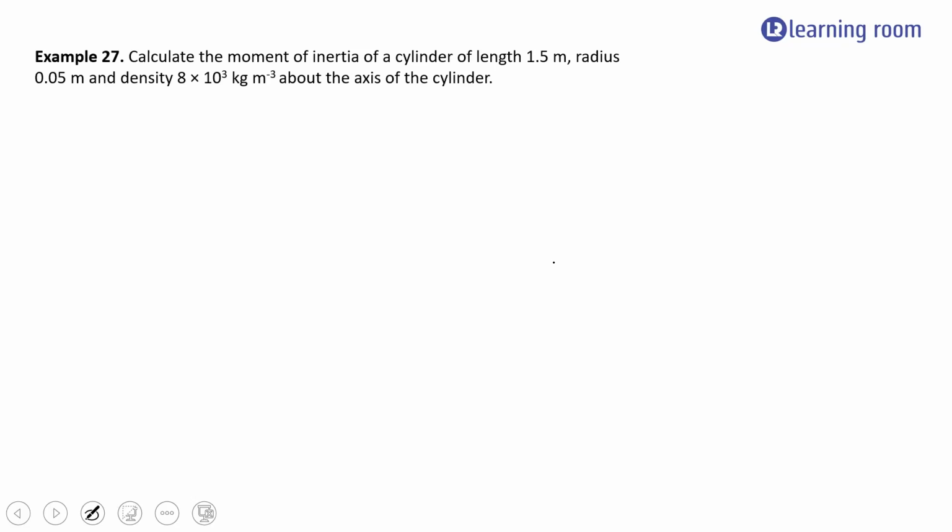If you see, this problem is actually simple. It is only one step. The moment of inertia is going to be MR square by 2. But mass is not given, so how do you find mass? Mass is equal to density into volume. Density is given as 8 into 10 power 3.